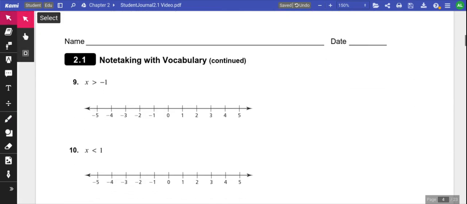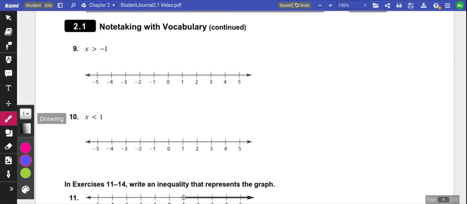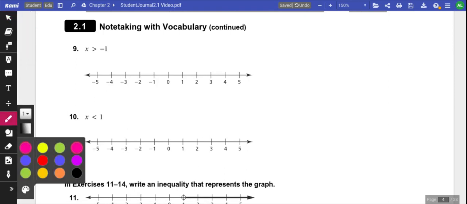And then I'm going to look over here. Let's do this. x is greater than -1. It's greater than, not greater than or equal to, so we're going to draw an open circle here at -1. Greater than -1 means these values are higher than -1, so I'm going to draw my little line over here.